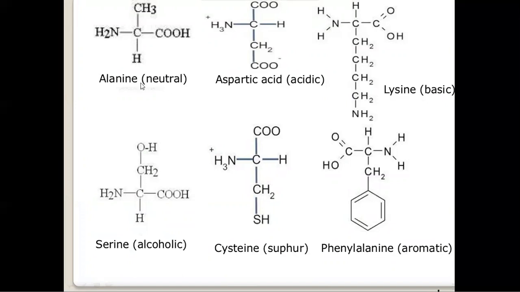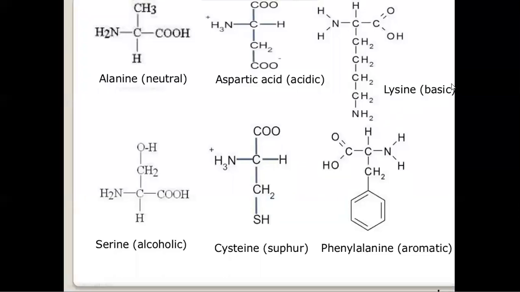Neutral nature is mainly due to the presence of a carboxylic acid group as well as an amine group. Aspartic acid produces acidic nature due to the presence of an extra carboxylic acid group, so two carboxylic acid groups are present.